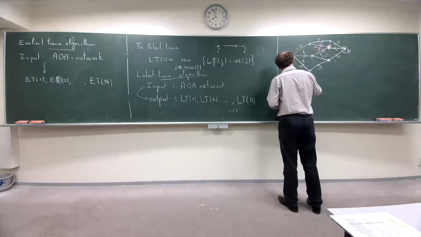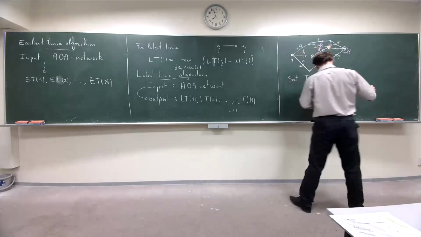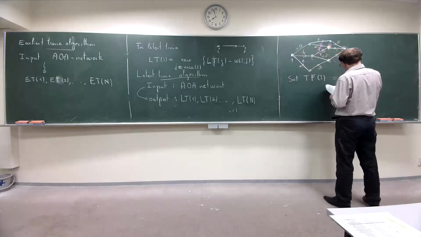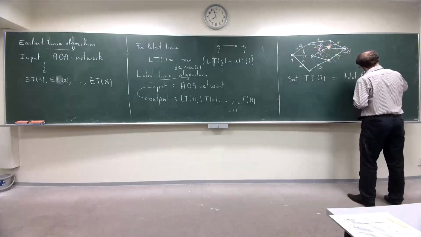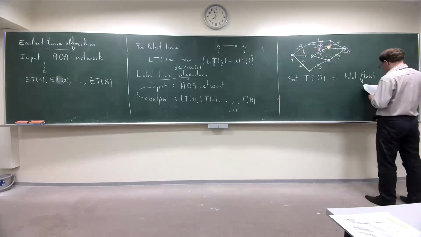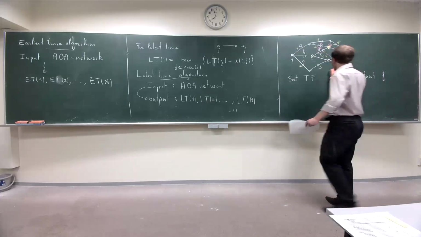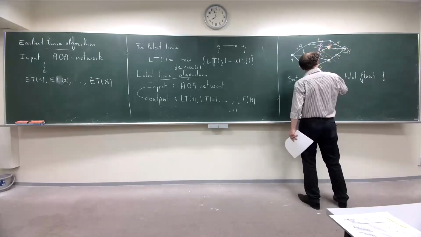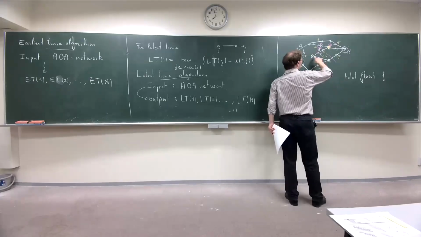I call it TF of I, J, the total float, for an edge.